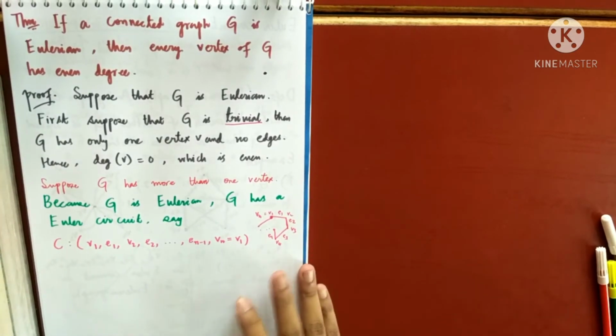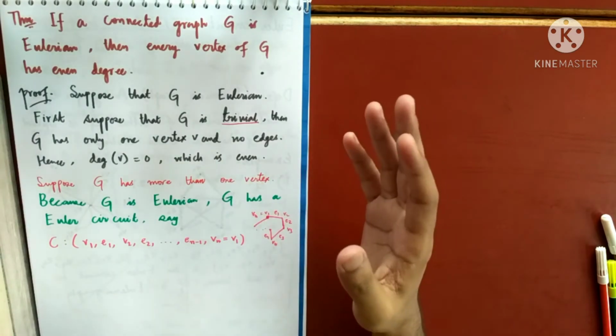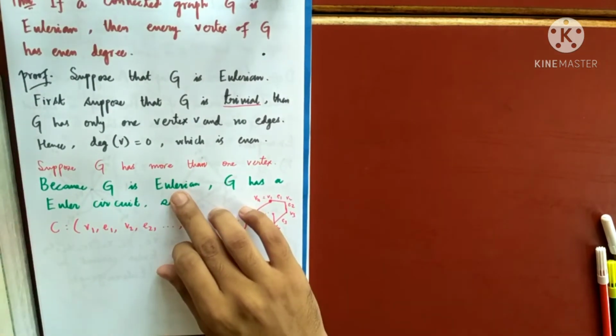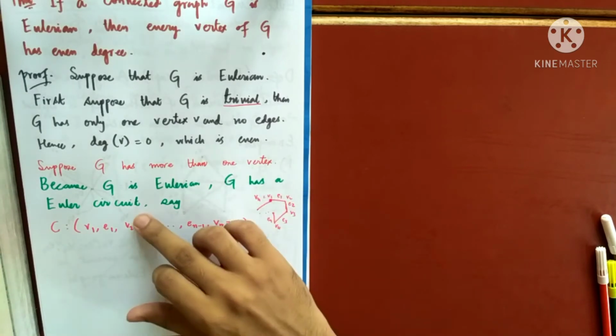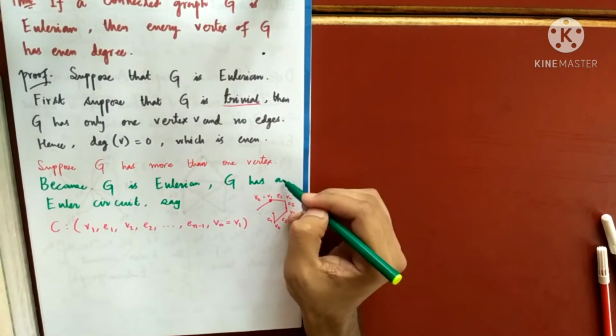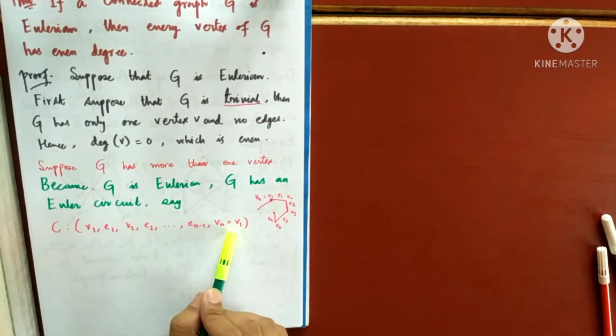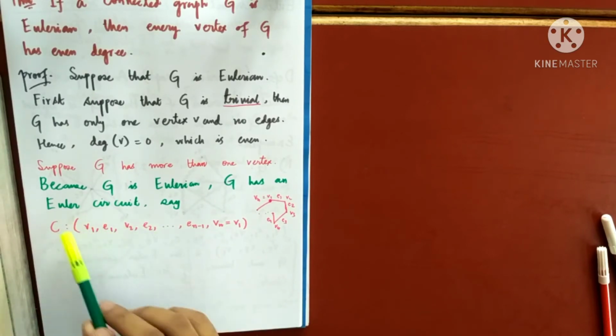So try to understand my point. G has more than one vortex. That means the graph G is non-trivial. Because G is Eulerian, G has an Euler circuit. Now remember the definition of an Euler circuit. That means this circuit C will consist of all the edges in G. So keep that in mind.